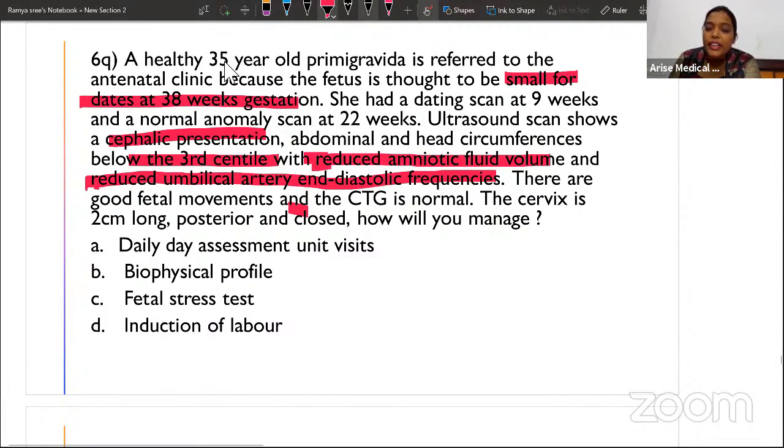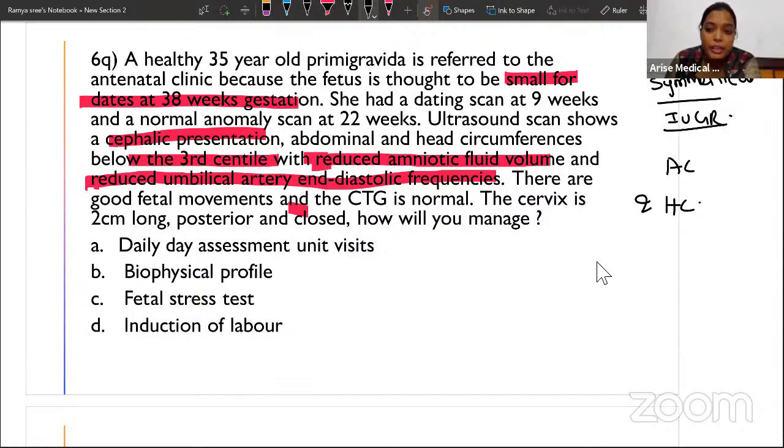So whenever we have a case of IUGR, it is very obvious that you will have the AC and HC both reduced here, suggesting that the ponderal index would be the same. So this looks like more of a case of symmetrical IUGR, because you have two types of IUGR, symmetrical IUGR and asymmetrical IUGR.